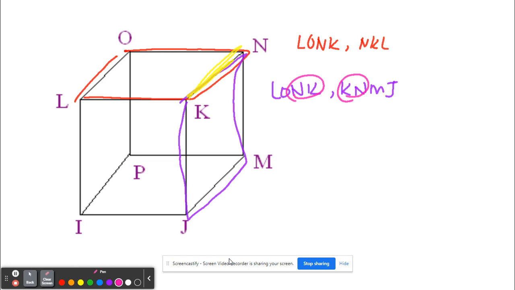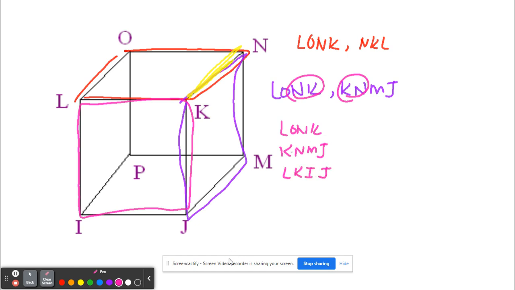Okay. I can also take another color. Let's trace this plane right here. And so if I was going to ask you where all 3 of these, the red, the purple, and the pinkish color meet, some of you can see it, but I'm going to go ahead and list it. So I've got LONK, I've got KNMJ, and then the pink one is LKIJ.